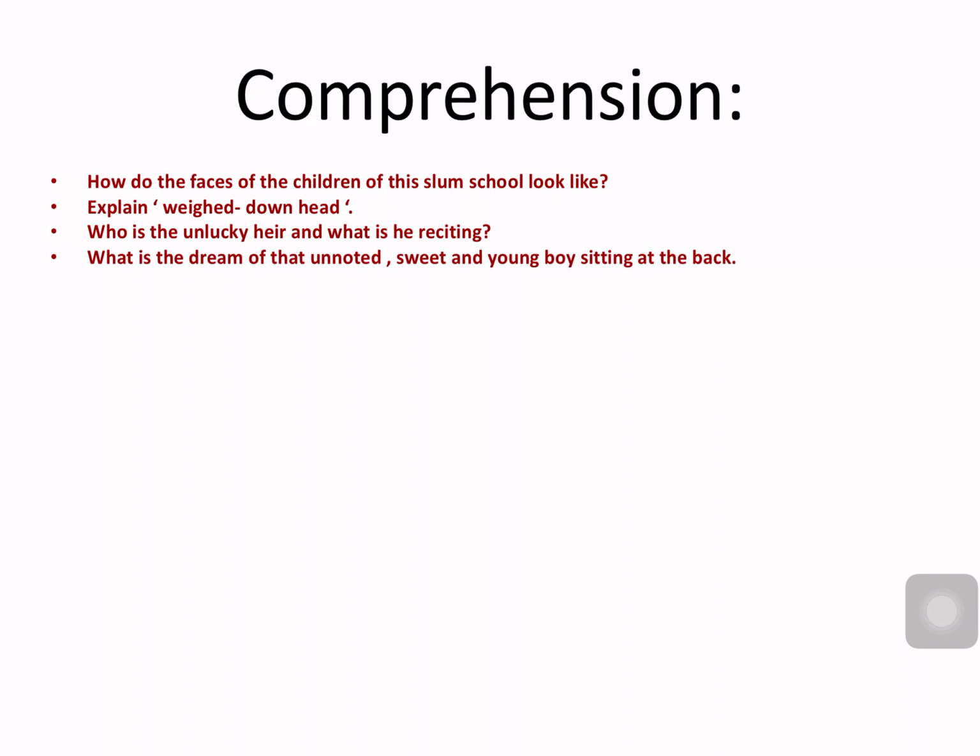Third, who is the unlucky heir and what is he reciting? Next question, what is the dream of that unnoted, sweet and young boy sitting at the back? Where are the donation and Shakespeare's head placed?